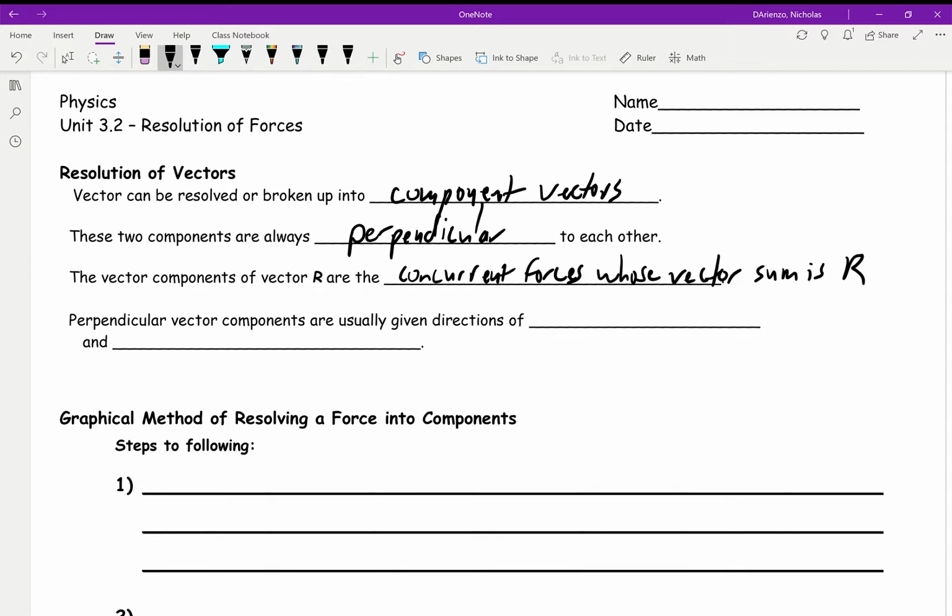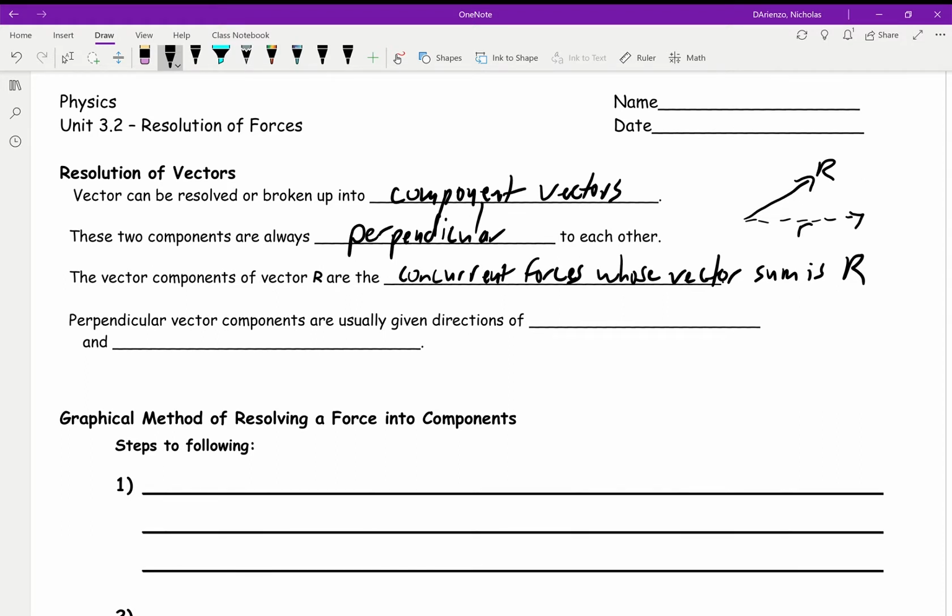is R. So for example, if we had a vector, we'll call that R, the components of that resultant vector, we could break it up into what we call a horizontal component.